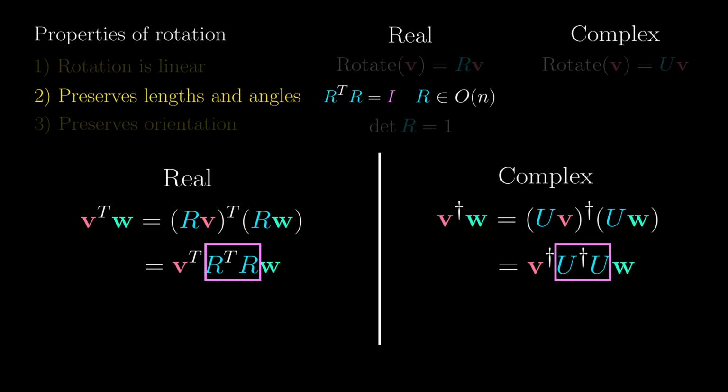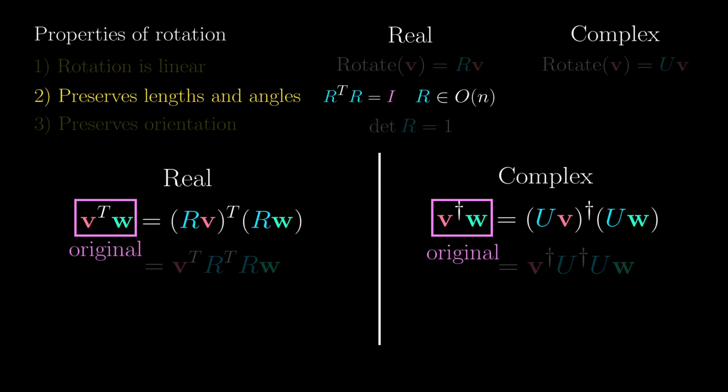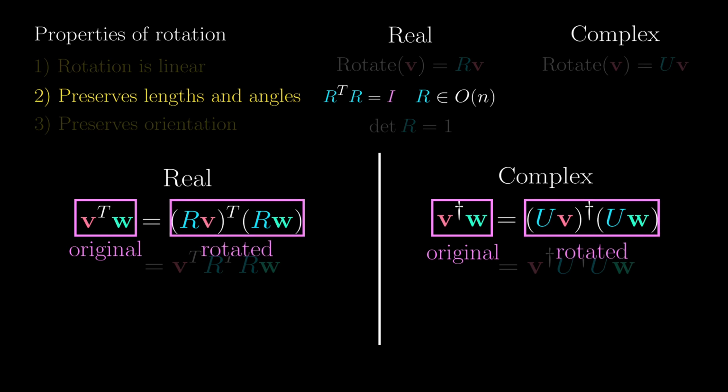Just as a reminder of this whole argument, the left side is the original dot product, and for the complex case, we replace transpose with dagger in the dot product. And the right side is the dot product of the rotated vectors, either by R in the real case or U in the complex case.